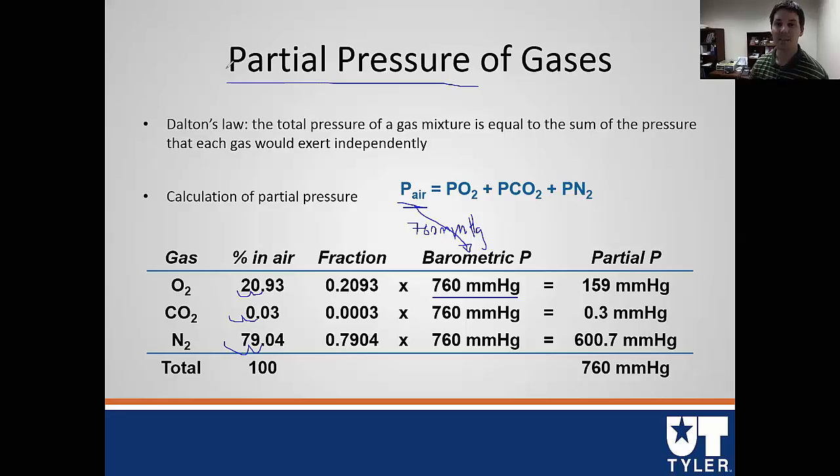So what does that tell us? It tells us essentially the pressure of blowing that balloon up, and in particular we're interested in these two molecules, oxygen and CO2, because that's what is going to drive these gases to and from the lungs during breathing.